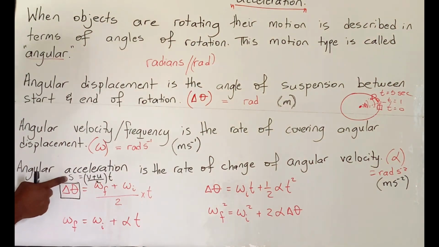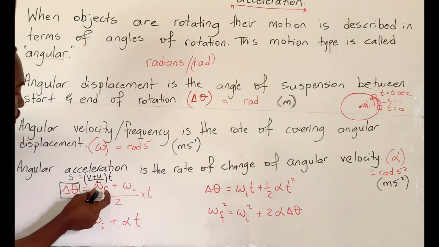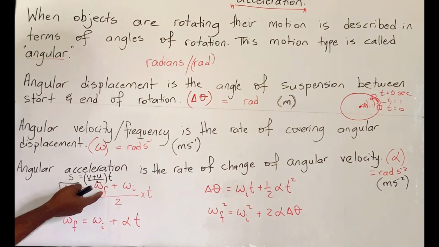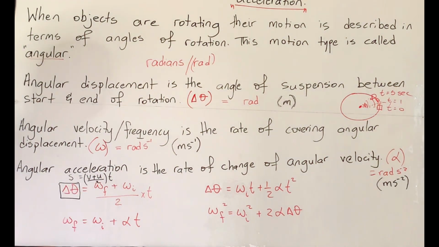So instead of s, we put delta theta. Instead of v, we put omega f, the final angular velocity. Instead of u, the initial velocity, we put omega initial, which is your initial angular velocity. And time remains the same, and we divide by 2. If we look at this one here, omega f represents, in linear motion, v, the final velocity.